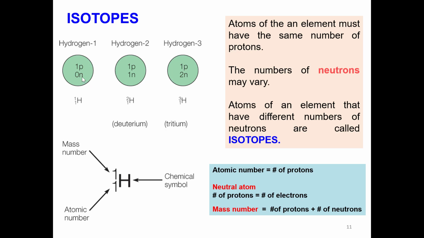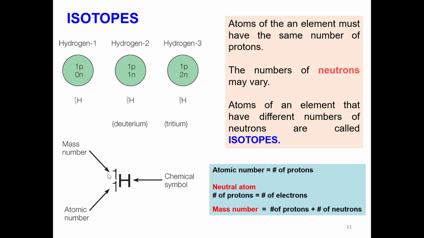In this case, we have 0 neutrons. In this case, we have 1 neutron. In this case, we have 2 neutrons. Then we have 3 different isotopes for hydrogen. Atoms of an element that have different numbers of neutrons are called isotopes. We use a chemical symbol to identify the isotopes.